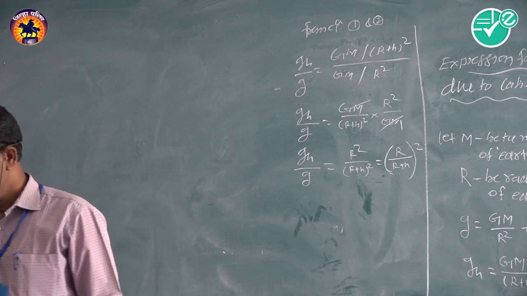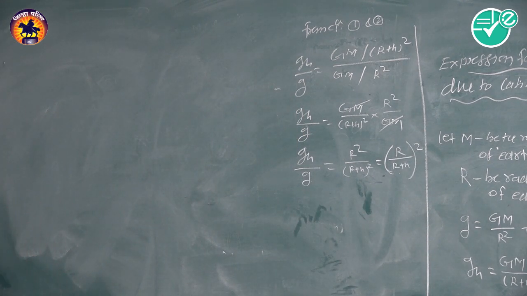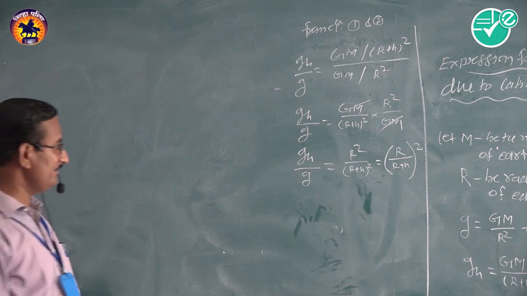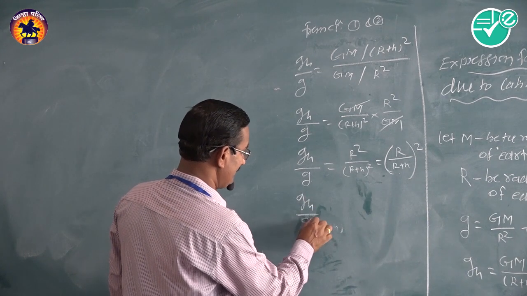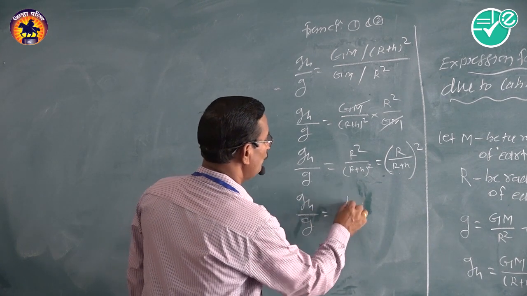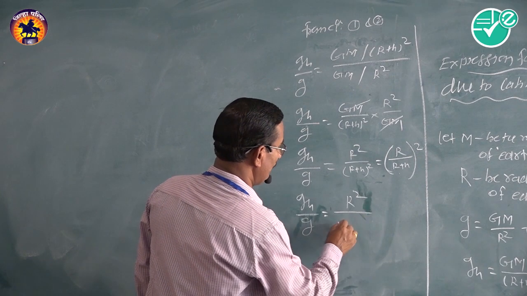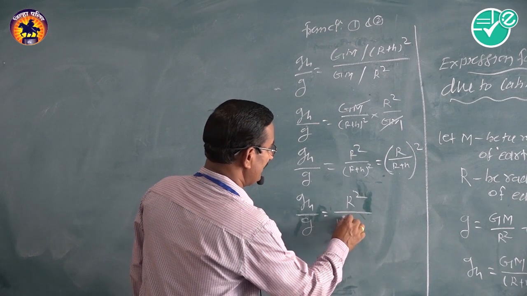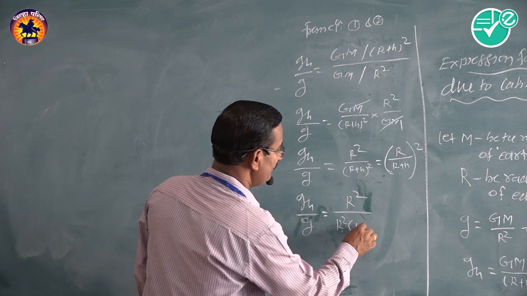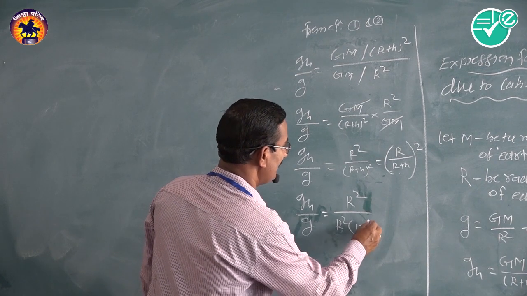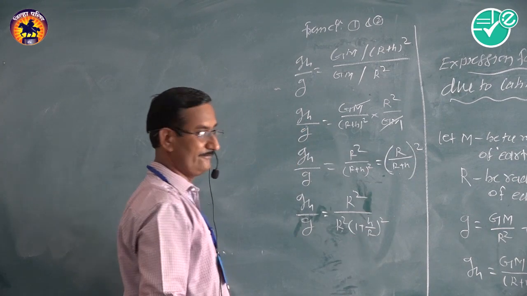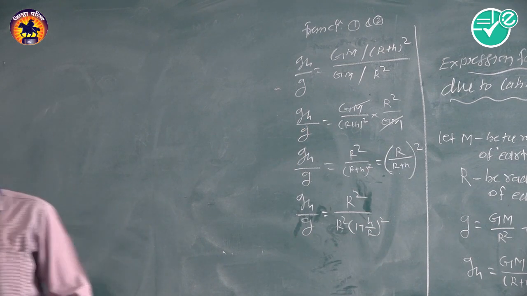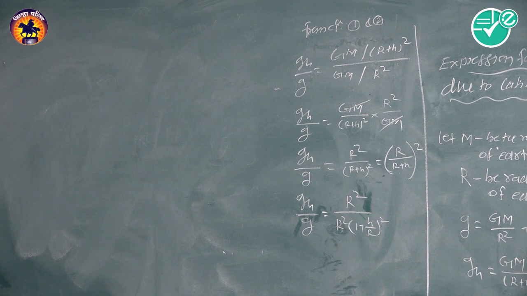That is the acceleration due to gravity. But this can also be written as g h by g is equal to R square upon R square taken as common, that is 1 plus h by R whole square.